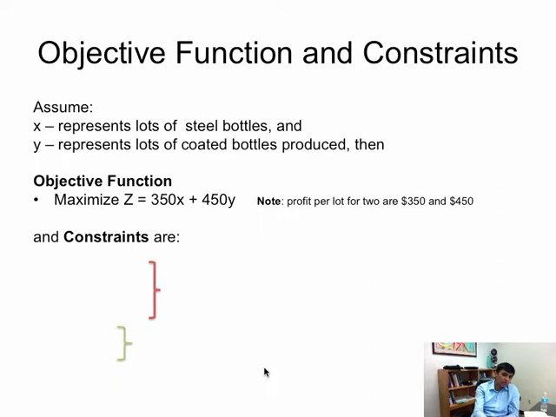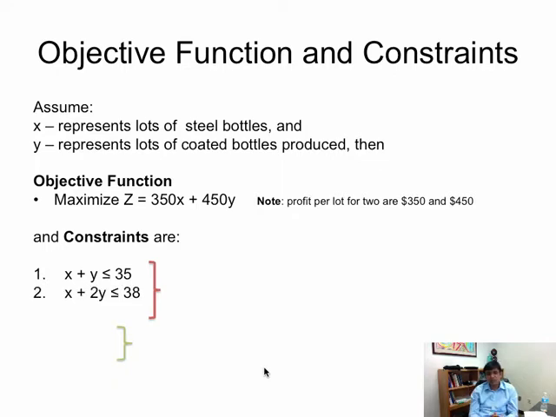We are also given the following constraints. For plant 1, it takes 1 hour for a type X lot and 1 hour for a type Y lot. So steel bottles and coated bottles both take 1 hour each per lot. So 1 multiplied by X plus 1 multiplied by Y should be less than or equal to 35 hours of the week.